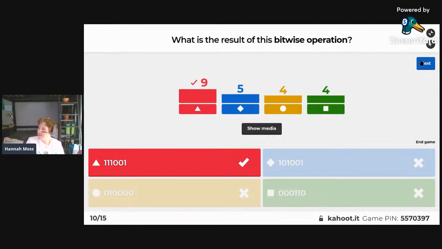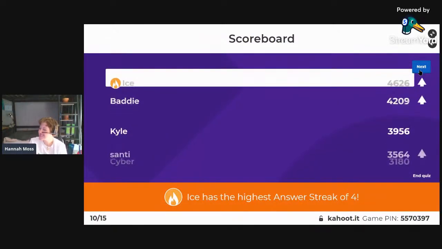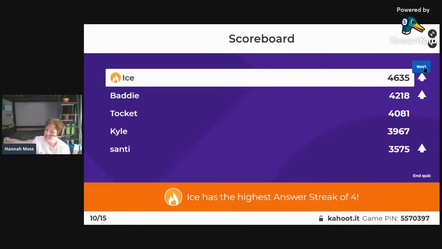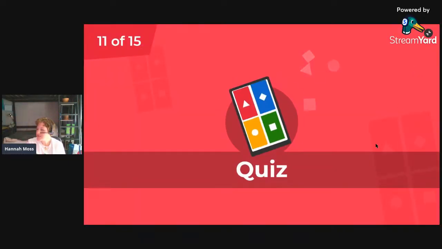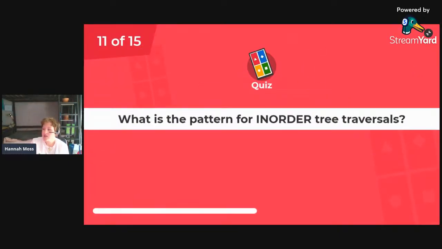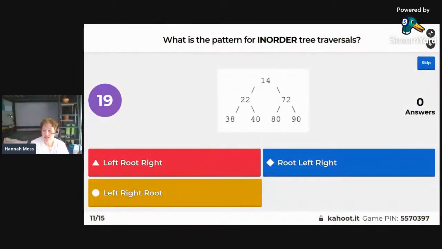Good job, all 9 of you, and everyone else who is joining. Ice, with the highest answer streak of 4, is up to number 1. Okay, what is the pattern for in-order tree traversals? And remember, we had an answer about left-right-root being post order, so just a little hint there.